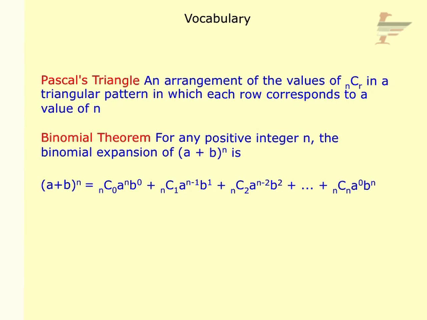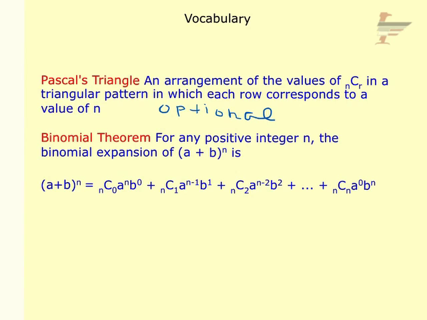So first of all, we're going to talk about a couple things, and you don't necessarily have to write down either one of these yet because I'm going to go through these in detail. But the first concept we're going to talk about is Pascal's triangle, and I just want you to know that Pascal's triangle is really going to be optional. Some of you are really going to like it, and some of you won't. All it is, it's a pattern, so it's an arrangement of all of the combinations, and it makes a triangular pattern.